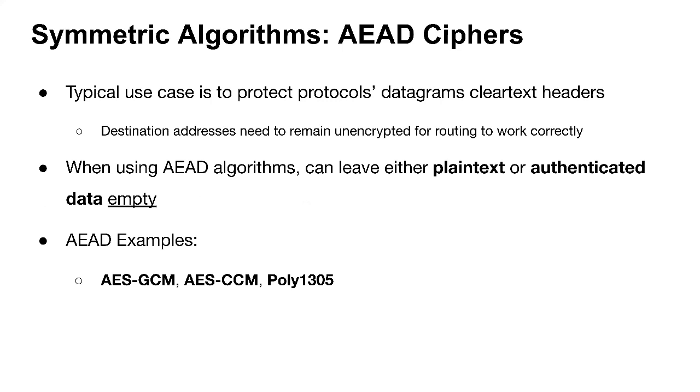If we encrypted the header with the address, it wouldn't be able to be routed anymore unless you decrypted it. When using AEAD algorithms, you can choose to leave either the plain text or the authenticated data empty, and the algorithm will still work correctly. Some examples of these are AES-GCM, CCM, and Poly1305.